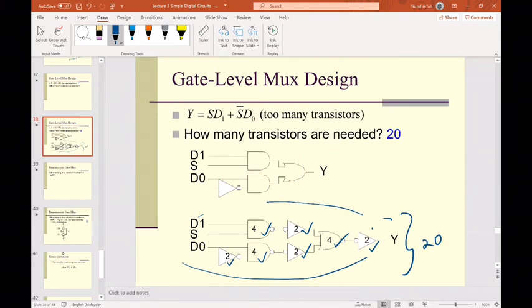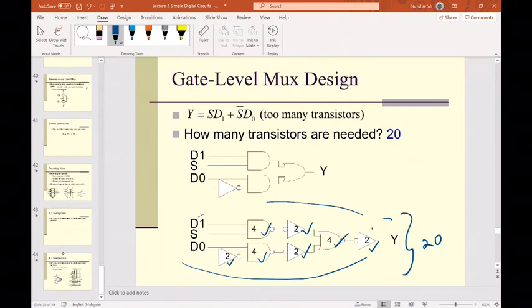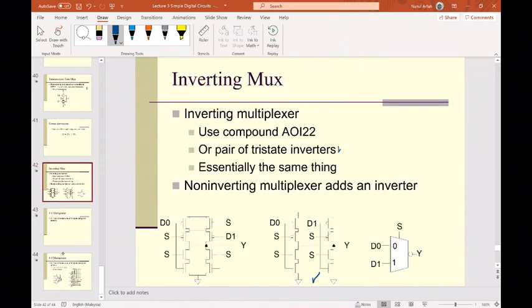Okay, Dr. Arfa, you can continue with the next slide, 42, I think. All right. So inverting multiplexer, and this is a compound gate that we already discussed in our previous example.